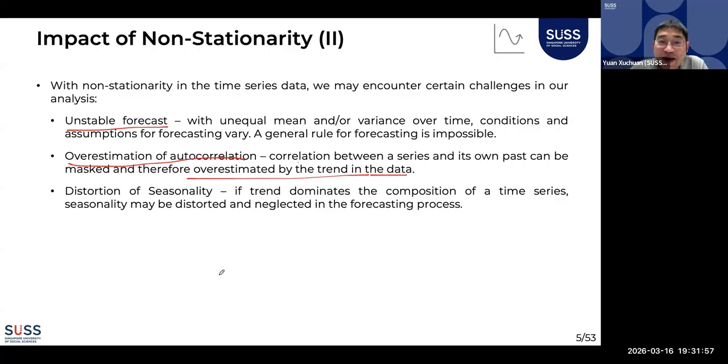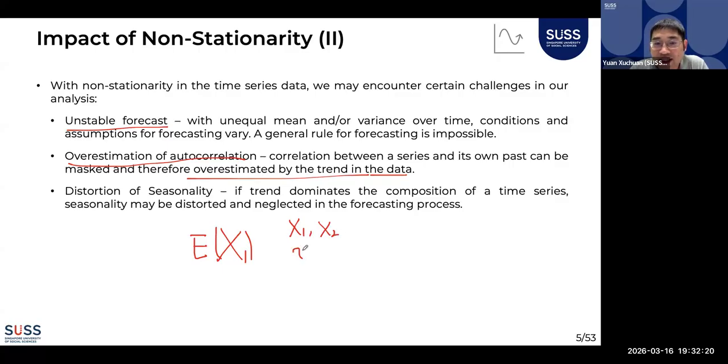Remember these are random variables. For example, you have t periods, and each period actually is a random variable.